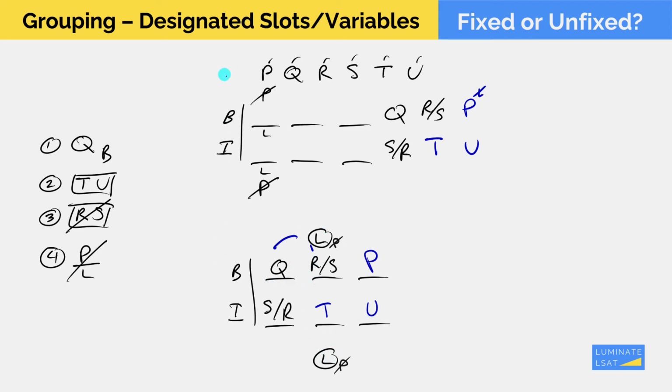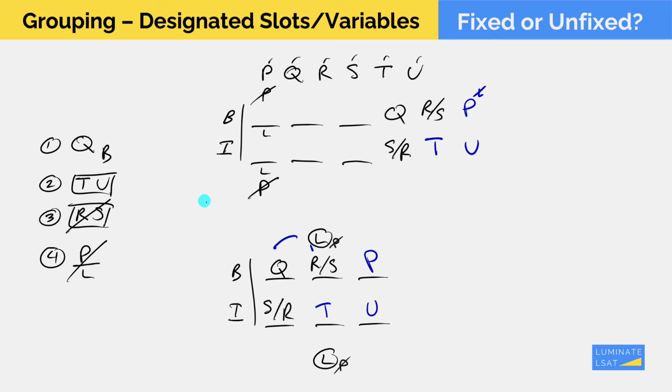If you go with a setup like the top one, you just have to remember that when you start keeping track of letters off to the side as having to be assigned in a particular group, that does actually occupy 1 of the slots. Don't think of these slots as open when you have things written off to the side that have to be assigned to that group.